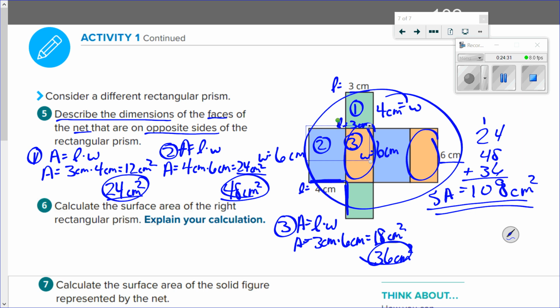There's another way to look at this for a right rectangular prism. For surface area, what did I have to do to the first box? Multiply it by 2. So I said 2 times length and width, plus 2 times length and height, plus 2 times height and width.